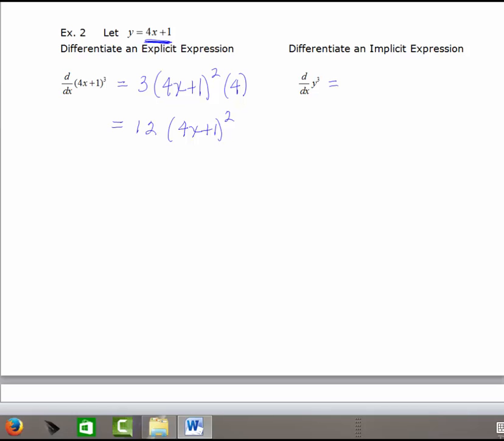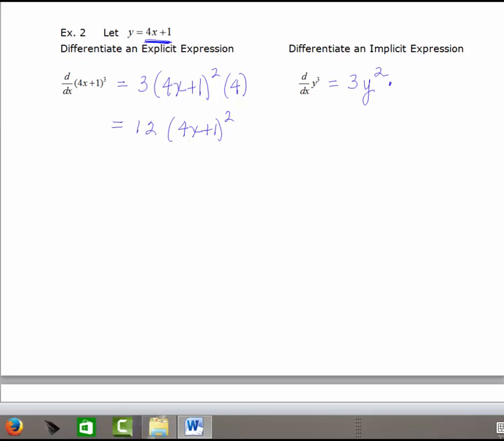So if I take the derivative of y cubed, well, just like I would have taken the derivative of 4x plus 1 cubed, I bring the 3 down. It's going to be 3 times y squared. And then y is a function. It is a composition of functions. It's a function within a function.